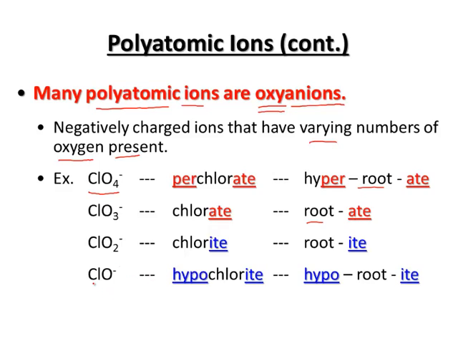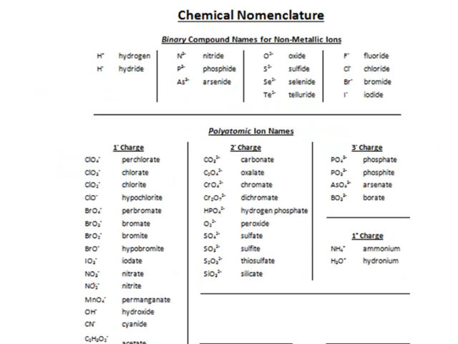Now the good news is we don't need to memorize our polyatomic ions. Those polyatomic ions are found in your gold packet on page 2. So all of these are listed out. You just saw the perchlorate, chlorate, chlorite, hypochlorite, and many others.